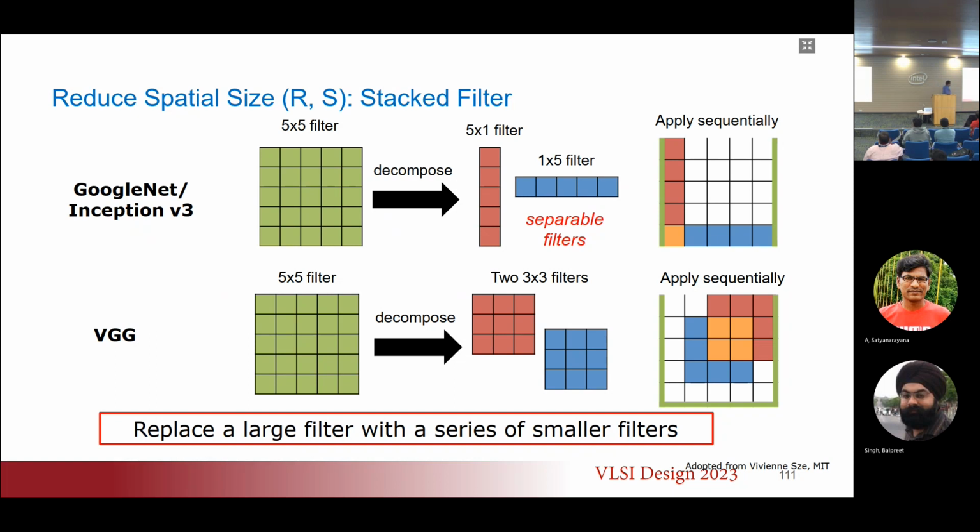Instead of storing a 5x5 filter, they actually store 2 vectors. One is a 5x1 and one is a 1x5, such that when you multiply those 2 vectors together, it becomes 5x5. But how is it different from having a 5x5 matrix versus multiplying 2 vectors?